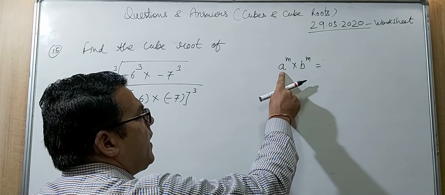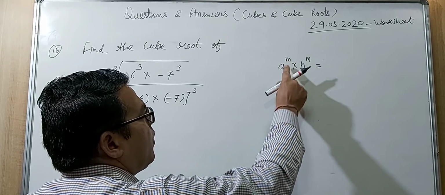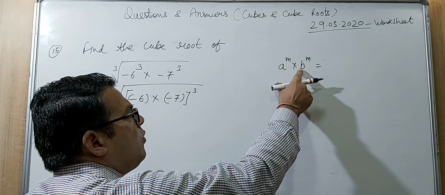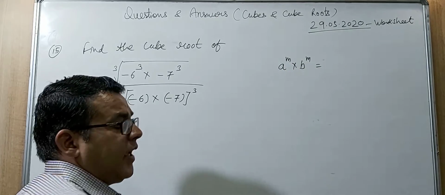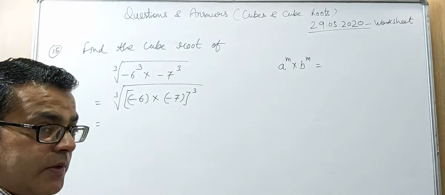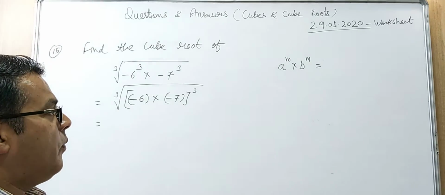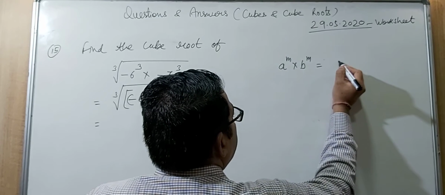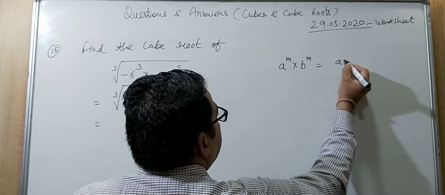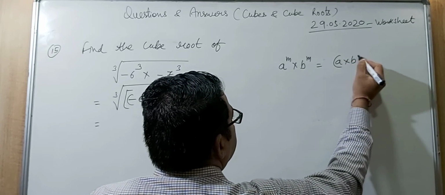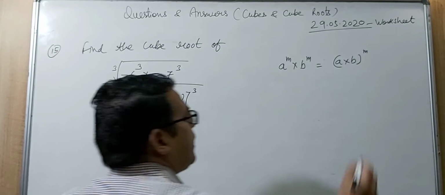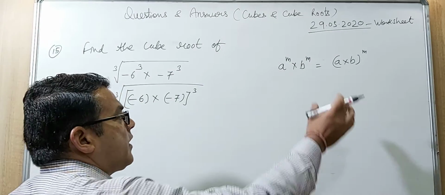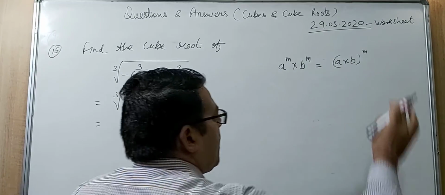See, this is base, this is exponent or power. So base A has power m. Here also base B has power m. So same power, both the bases A and B they have. So according to the property of exponent, we can write it A into B, then common exponent m or common power m. So we can write it A into B power m.